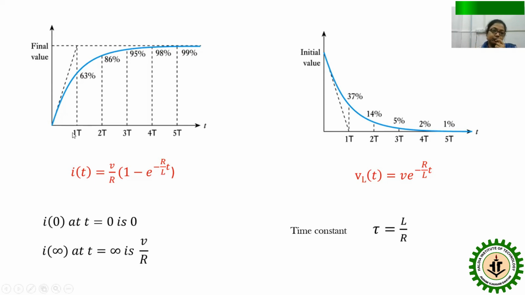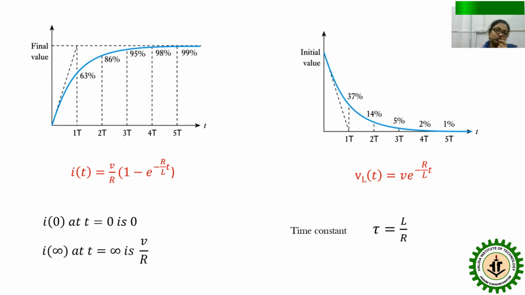So initially, at 0, the inductor basically behaves as an open circuit. That is why current is zero, because we are using an RL series circuit. So at the initial or starting state, the inductor behaves as an open circuit. Now as the current progresses and reaches the final state, we get maximum current.